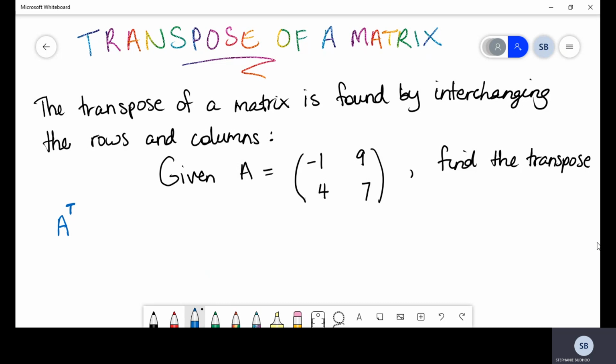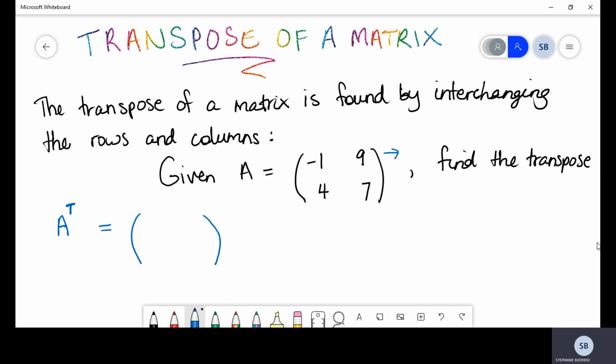When they ask you to find the transpose of a matrix, this is how we interchange rows with columns. We're going to open our bracket, and very simple: let's look at our first row, which is -1, 9, written horizontally.